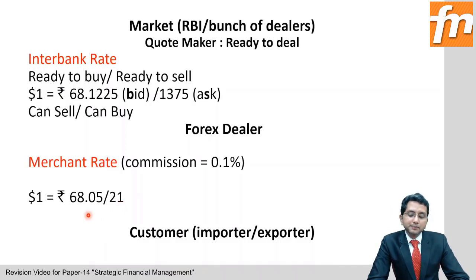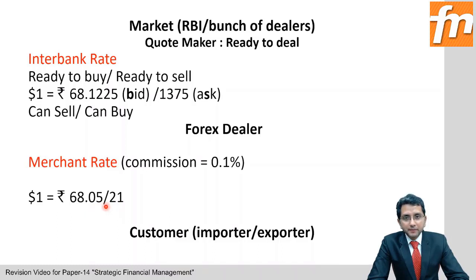But now look here. For the merchant rate, the difference between bid and ask rate is named the bid ask spread. Here the interbank bid ask spread is a smaller number, 0.1375 minus 0.1225. But the bid ask spread of the merchant rate is 0.16, 16 paisa.